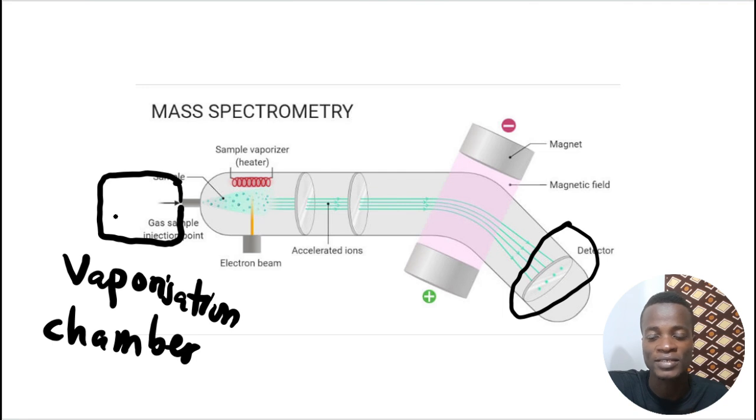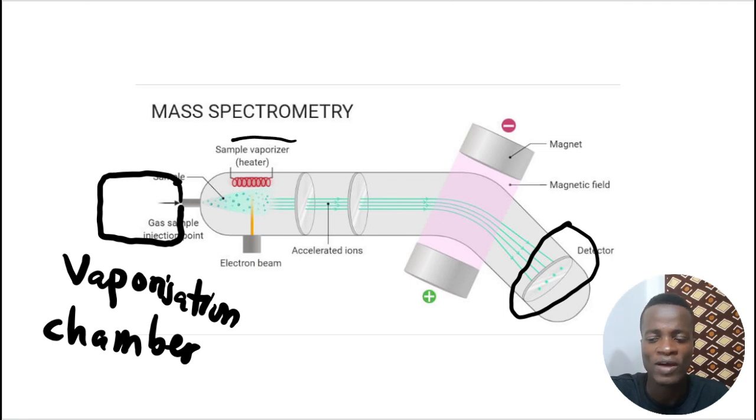Vapor is gas, so the vaporization chamber is basically to convert whatever the sample is into a gaseous substance. So it's to vaporize the sample. That's what happens: convert the substance from whatever state it is to a gaseous form.